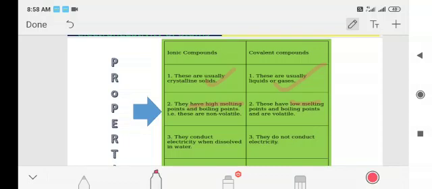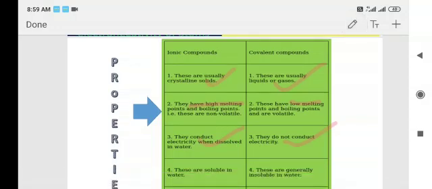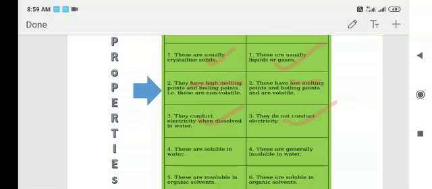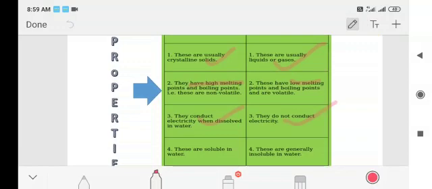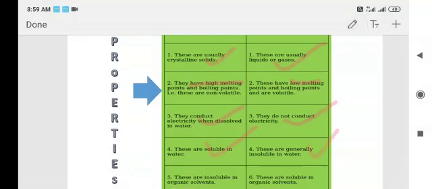The third point, ionic compounds conduct electricity in water. Covalent compounds are bad conductors of electricity in water. And the fourth point, ionic compounds are soluble in water, whereas covalent compounds are insoluble in water.